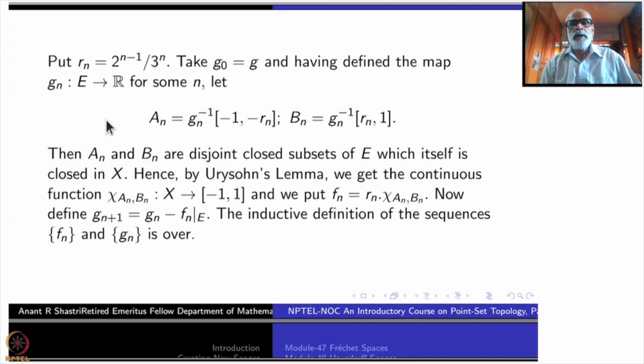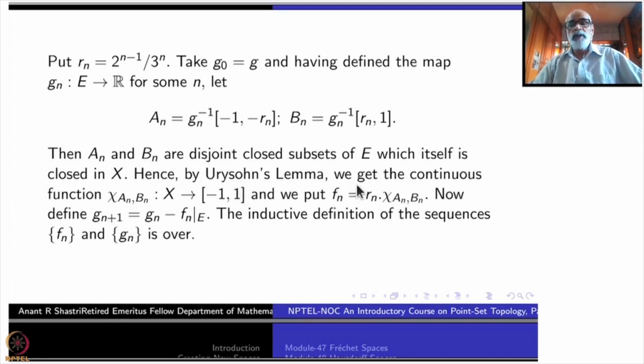So for that, put An equal to Gn inverse of [-1, -Rn], and Bn equal to Gn inverse of [Rn, 1]. Then clearly An and Bn are disjoint closed subsets of E, which itself is closed in X. Therefore, An and Bn are disjoint closed subsets of X.